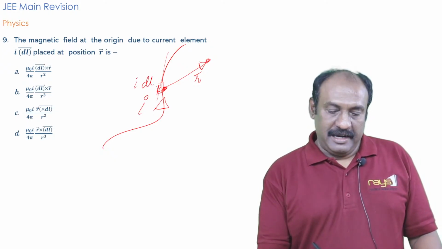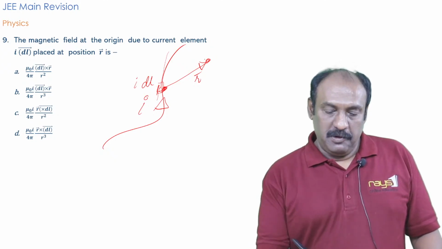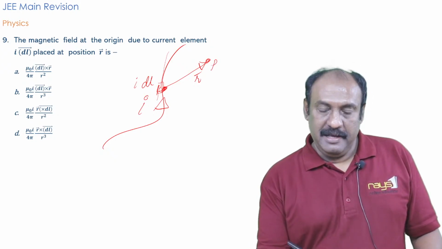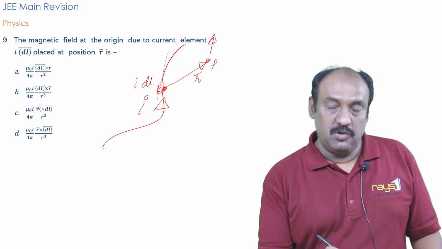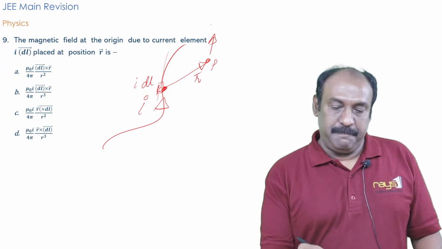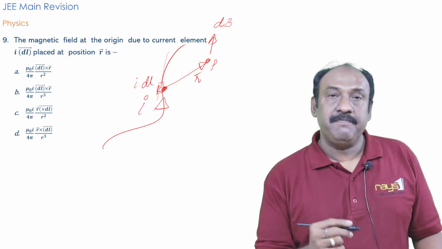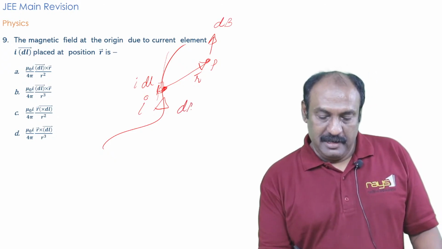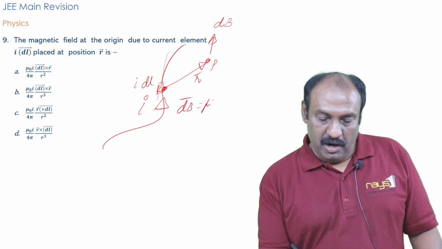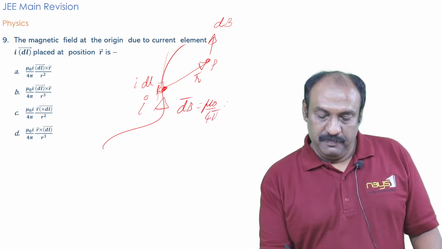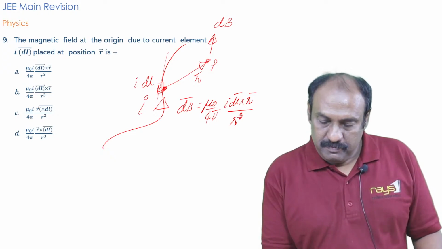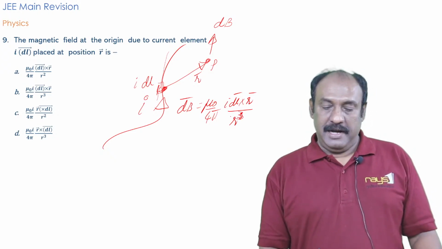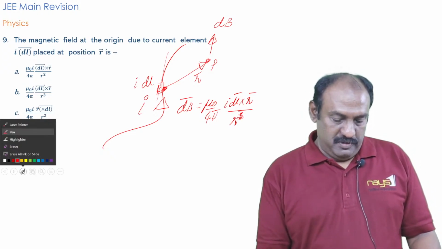Due to this current element, at the point P with position vector R bar, the magnetic induction due to this elemental strip is supposed to be dB. Then dB bar is equal to mu naught by 4 pi into I dL bar cross R bar by R cubed.